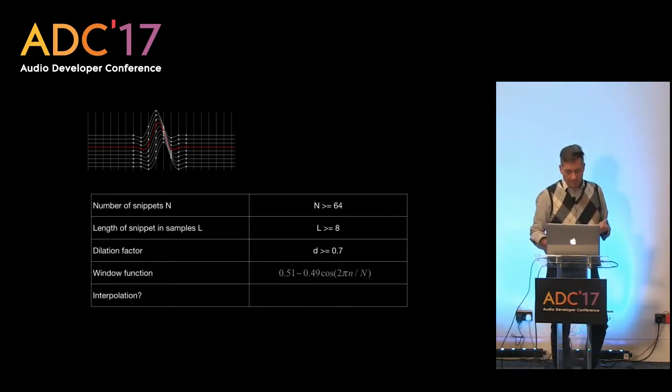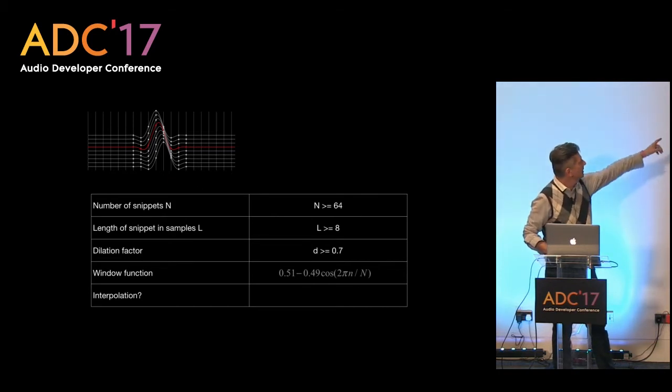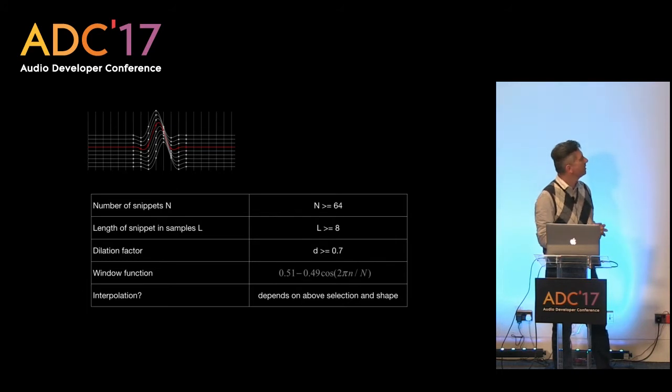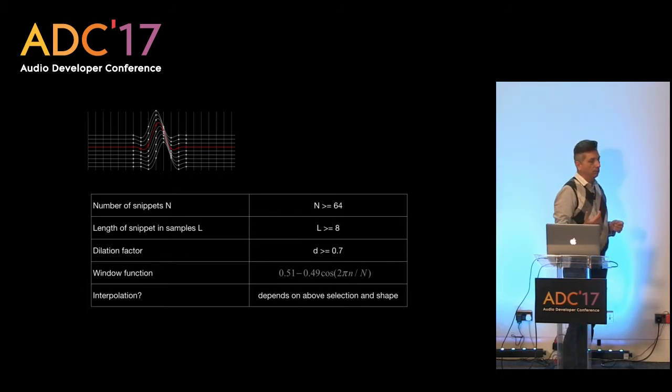Then you have to ask, do I do interpolation if I do it practically? You could do a linear interpolation in between those, but it depends on whether you want to do, for example, a triangular wave.